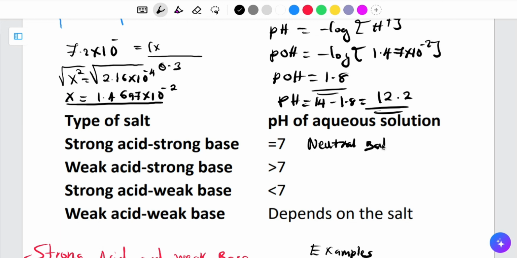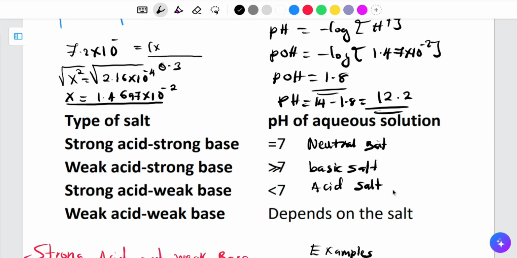Then the reaction between a weak acid and a strong base, since the pH is greater than 7, meaning to say this one is going to be the basic salt. Then the reaction between a strong acid and a weak base, the pH is less than 7, meaning to say this is going to be an acidic salt.